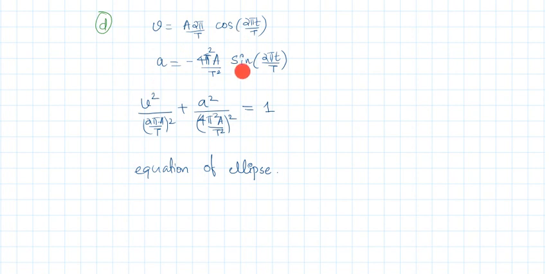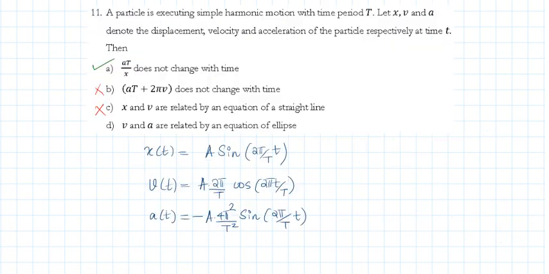Then squaring the terms, you will get cos square plus sin square is 1. So v square divided by 2 pi A by T the whole square plus a square divided by 4 pi square A by T square the whole square equal to 1. This is the equation of an ellipse. So the last option is correct. Option A and option D are correct.